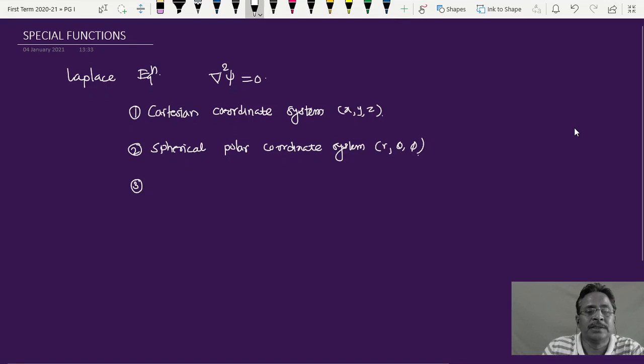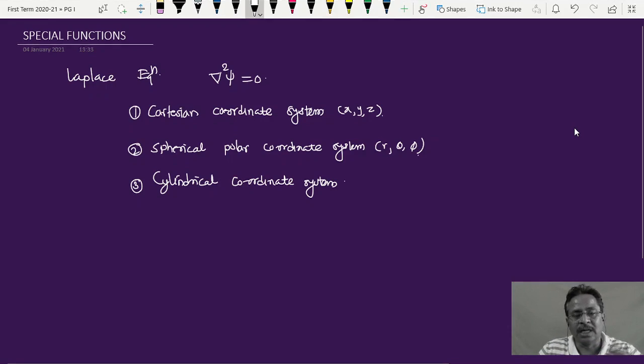And the third one is the cylindrical coordinate system. I am sure all TYBSc students, as well as the students who studied their BSc in physics earlier here in Pune University, know all this, and that is rho, phi, and z. Those who are from outside Pune University might not have gone through this, but it doesn't matter.